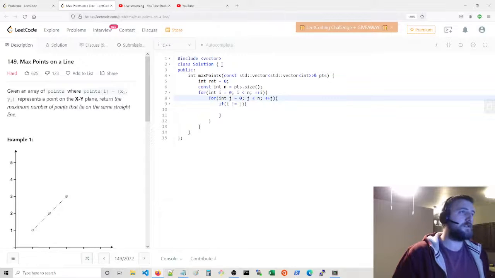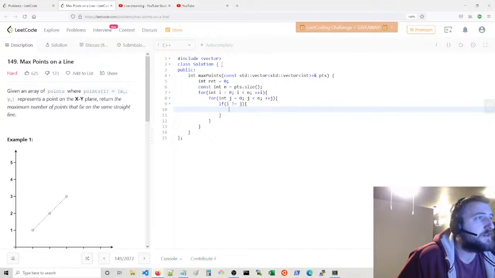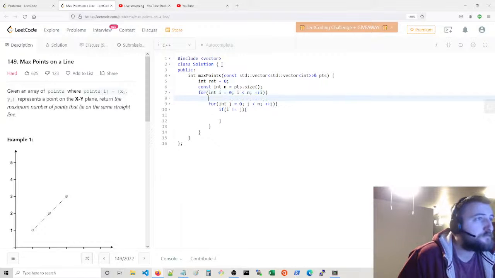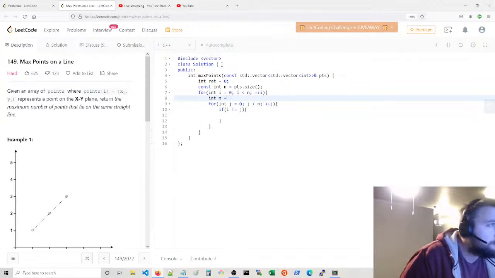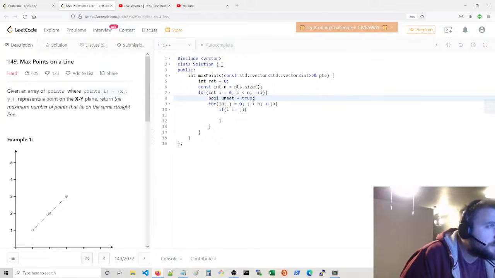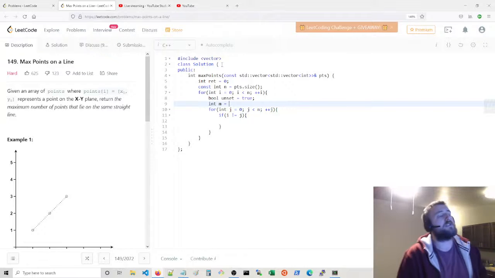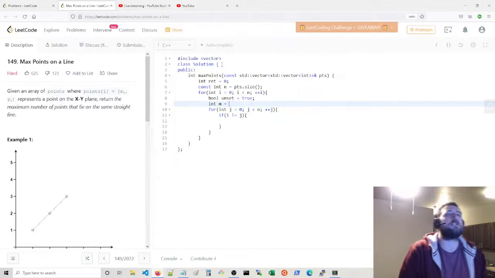All right, so what we're going to do is we have int m, 0 or negative. We'll do it this way. Bool set or unset equals true. Int m equals. So here's the tricky thing.